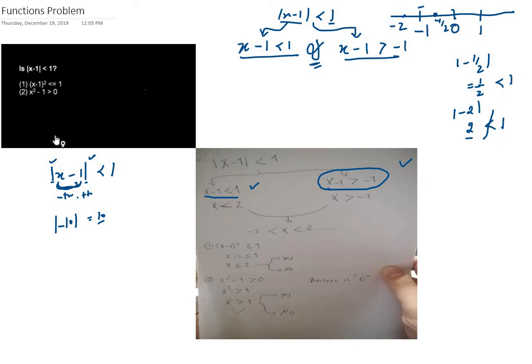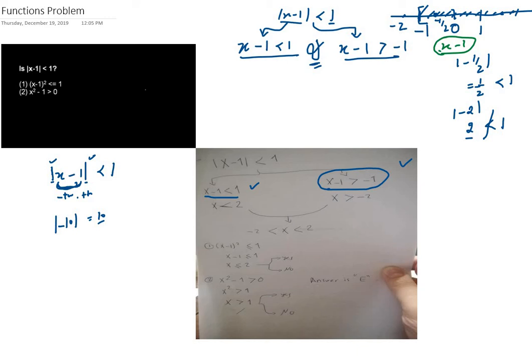So x minus 1 greater than minus 1 is everything to the right side of the number line starting from minus 1. And let me change the pen. We are talking about x minus 1; this number line is for x minus 1, not for x.